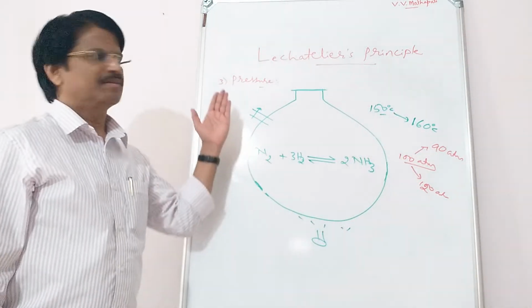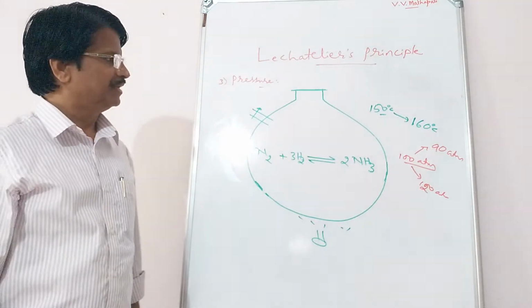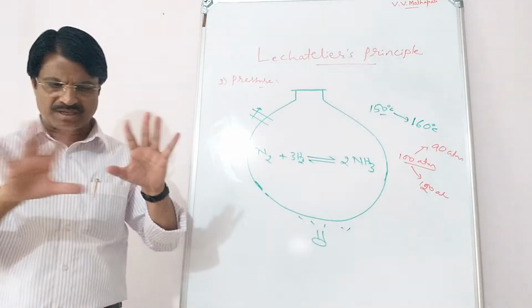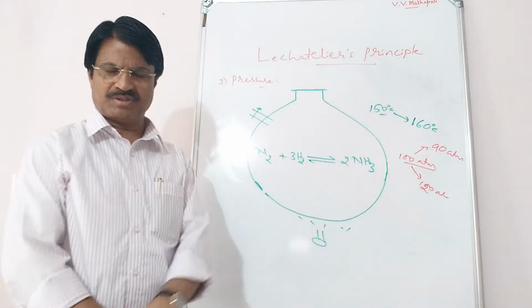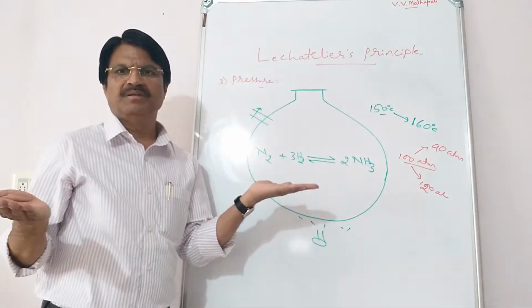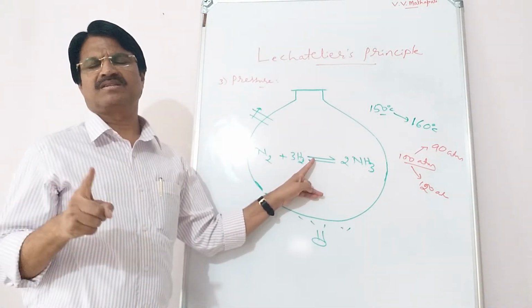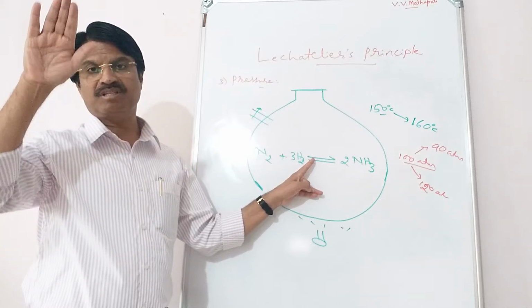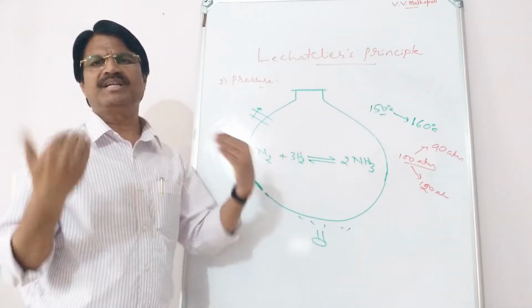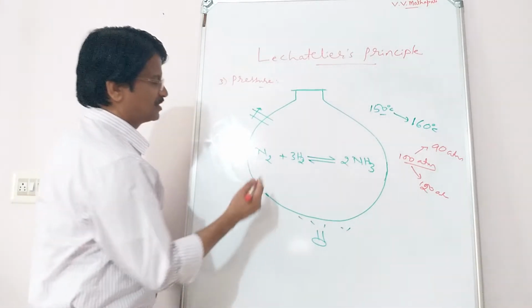Now again we can explain using N2, H2 and ammonia. I will tell you general points regarding the effect of pressure. When the pressure is increased at equilibrium, the system tends to reduce the pressure. But how does it reduce? That depends upon the number of moles.